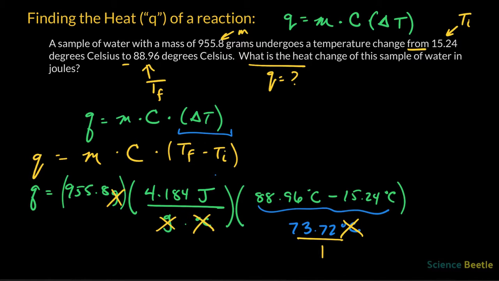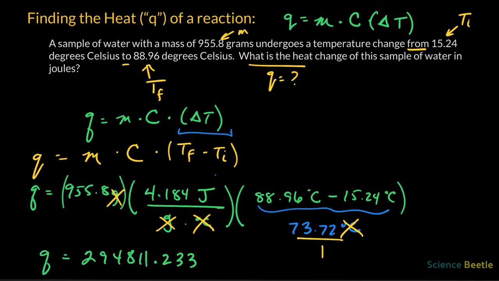Let's go ahead and multiply all of these out. 955 times 4.184 times 73.72, and that should give us the final answer. So the answer here is Q is equal to 294811.233.